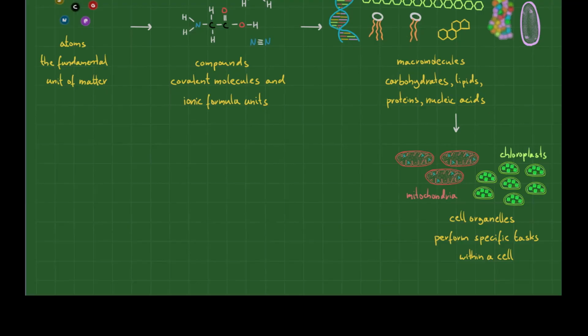Macromolecules working in unison will give rise to cell organelles. The word organelle is the diminutive of the word organ, which is Latin for instrument. These organelles are specialized structures that perform specific tasks within a cell. For example, mitochondria are responsible for the synthesis of adenosine triphosphates, the energy molecules of the cell, while the chloroplasts enable photosynthesis.